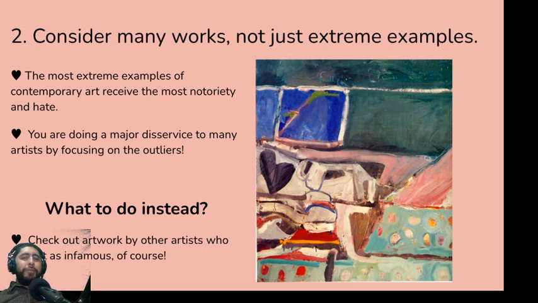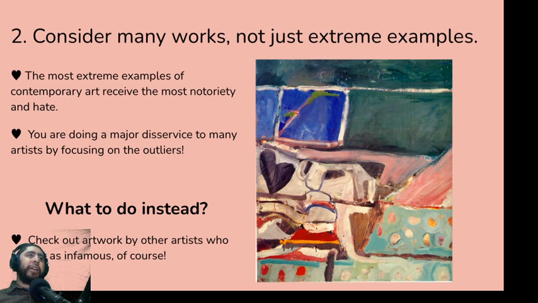All right, so in those two videos, you'll see that Morley Safer and Andy Rooney, like most people, when they talk about contemporary art, think about maybe the Piss Christ, which is a photograph of a crucifix dunked in the artist's piss, who is religious, by the way. That's an extreme example.